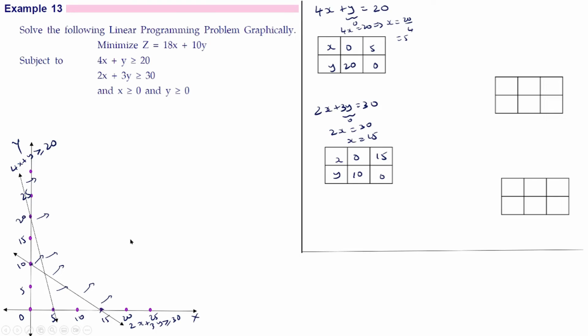Next we have the non-negative constraints, x greater than or equal to 0 and y greater than or equal to 0, which is the first quadrant. So the region which is common to all these inequalities is this part.